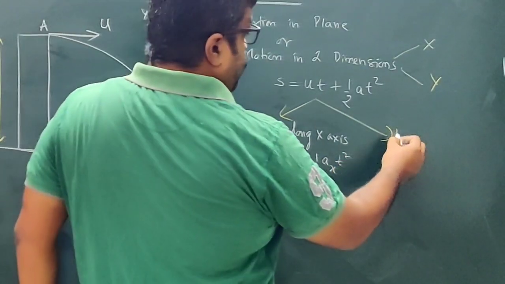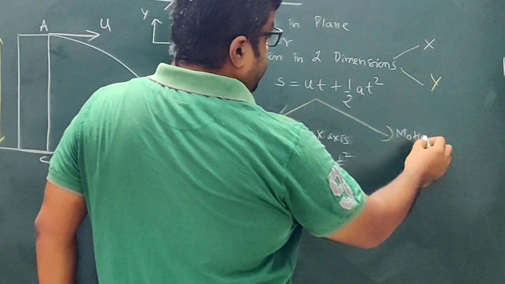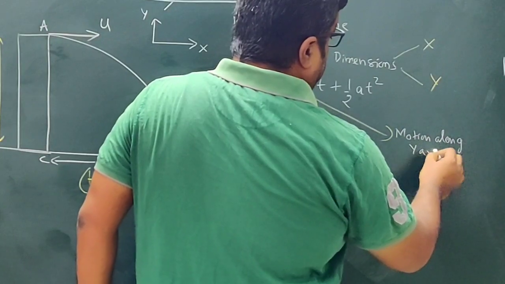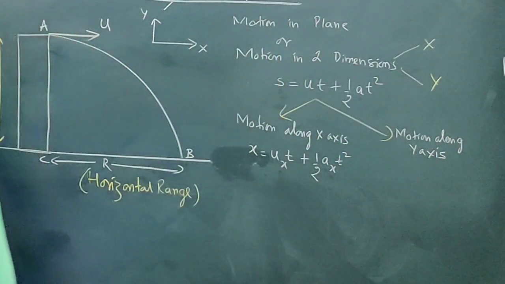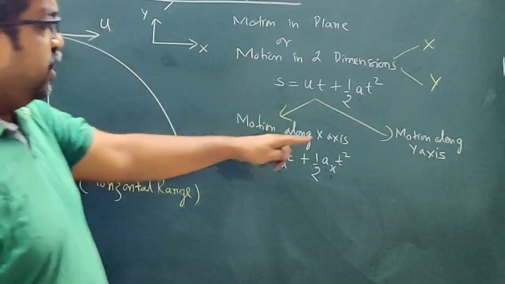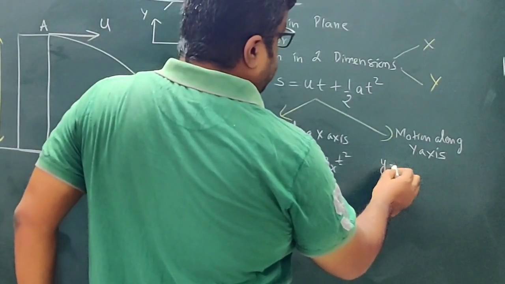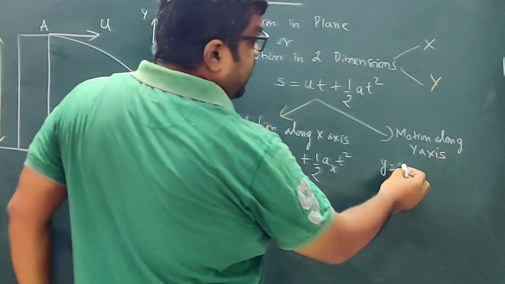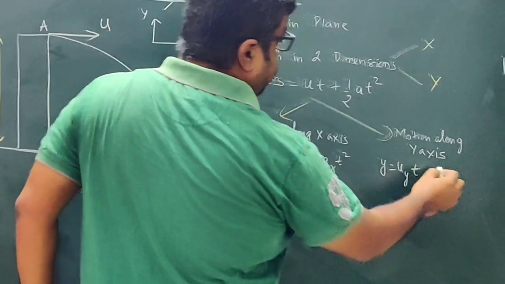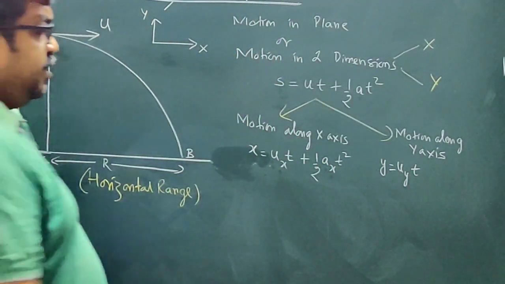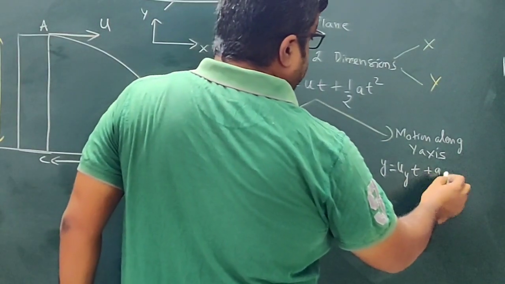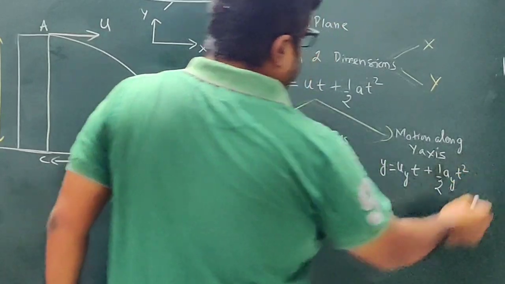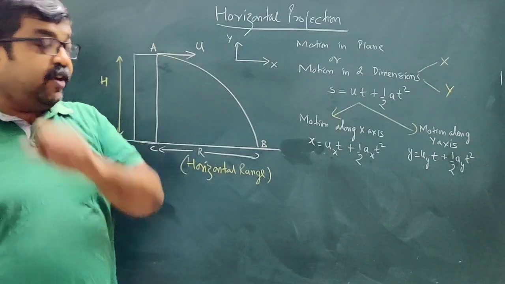Now similarly for motion along y-axis, I can write this is displacement, so I will have displacement along y-axis, y, equal to uy t, where uy is the initial velocity along y-axis, plus half ay t square. Okay.